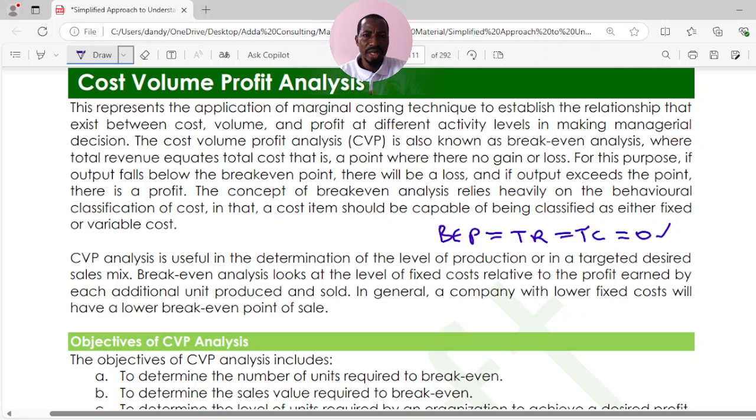The company may need to approach an investor or a lender and say, please, I need so much money. One key important document that the prospective investor or lender will ask for is the business plan or feasibility study report. Inside it, the company will need to include the break-even analysis of the business or the short-term financial summary.